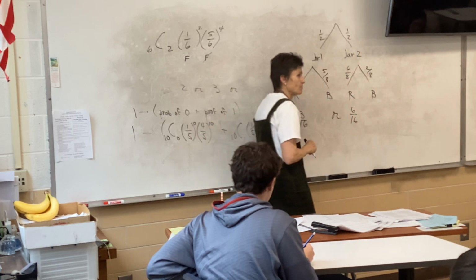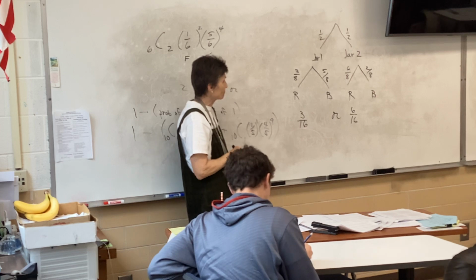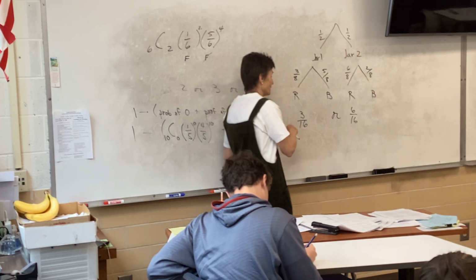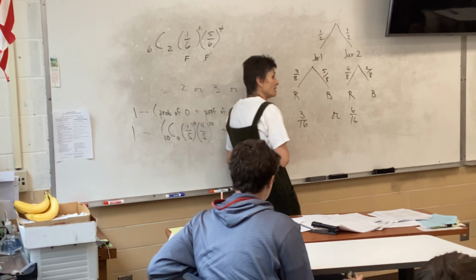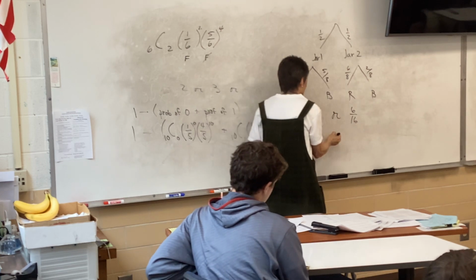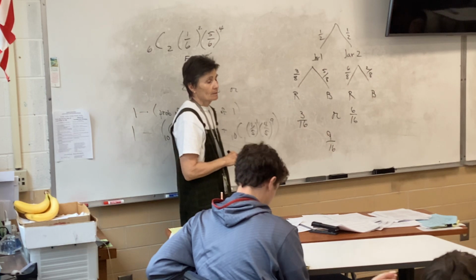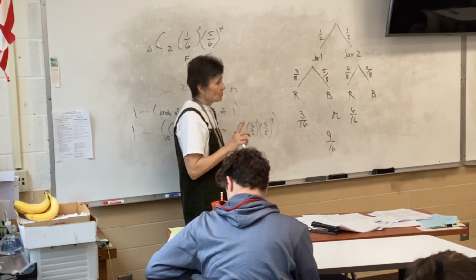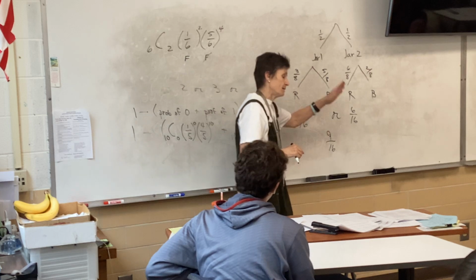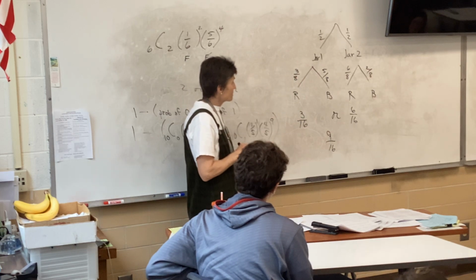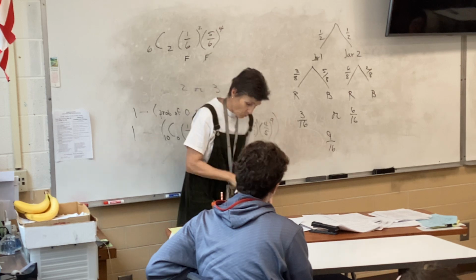I'm not reducing, I'm just keeping the denominator. So the total probability of getting a red ball is 9/16. Would you agree with that? I know what you're thinking, it is because the ball's big. Anyway, just go with it, okay? 9/16. That's the answer to the first question.